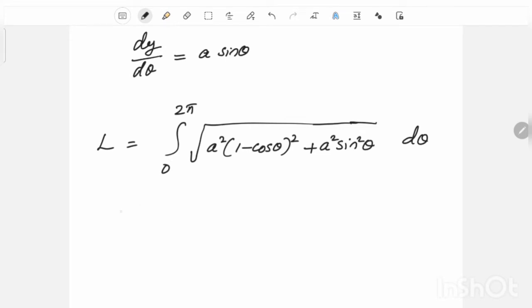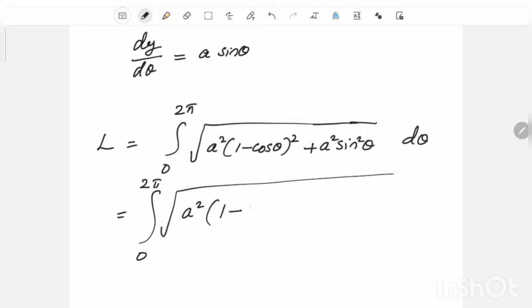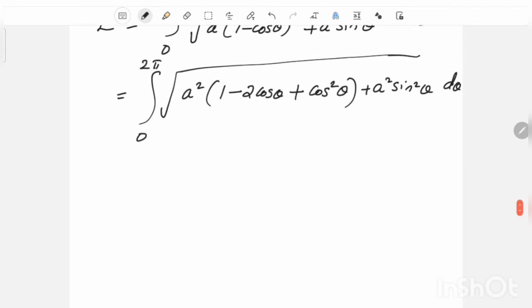Expanding the square, we have the integral from 0 to 2 pi of square root of a square (1 minus 2 cos theta plus cos square theta) plus a square sin square theta d theta. And this is equal to the integral from 0 to 2 pi.